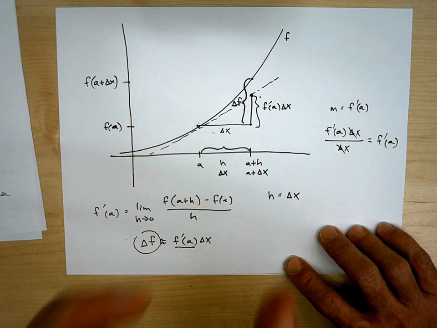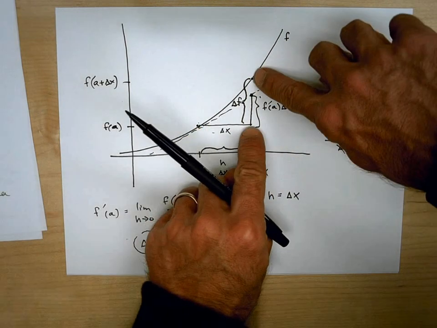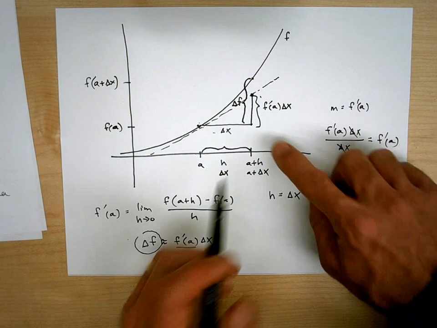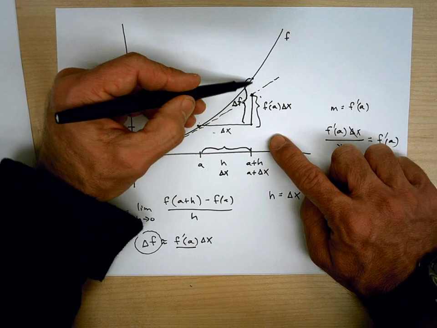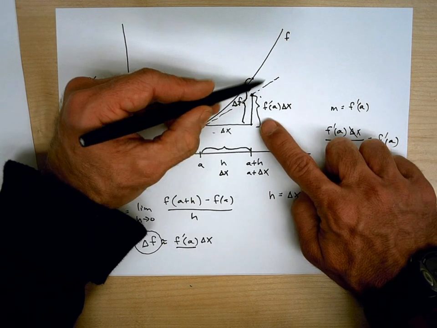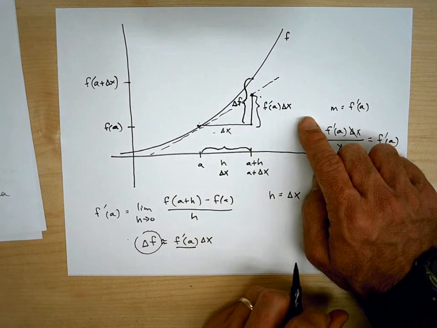I have this blown up right now, but if we were to shrink this back, this would be a very small change in x, and this would be the corresponding change in the function value. The linear approximation means that we can approximate delta f, this distance here, using our tangent line by just taking delta x and multiplying by the slope of the tangent line.